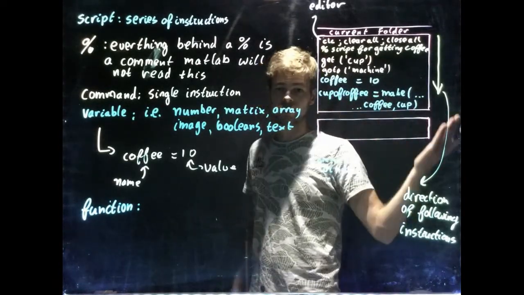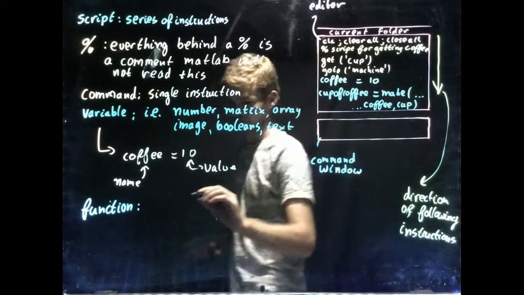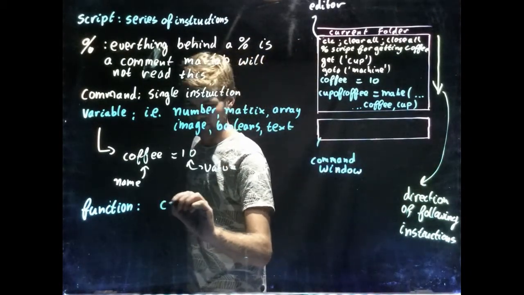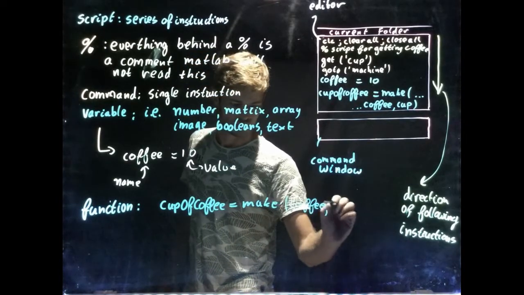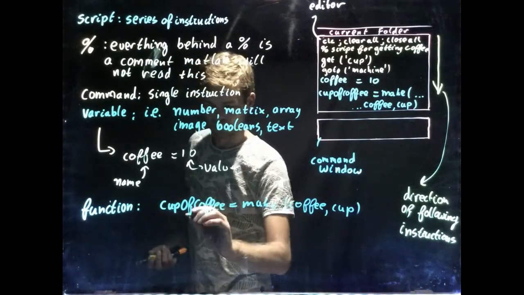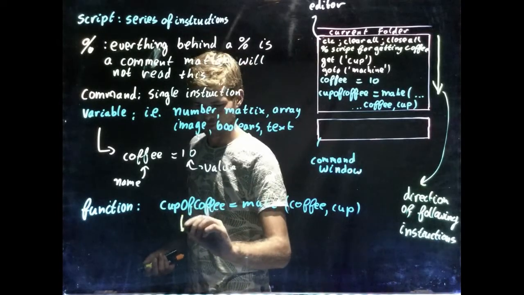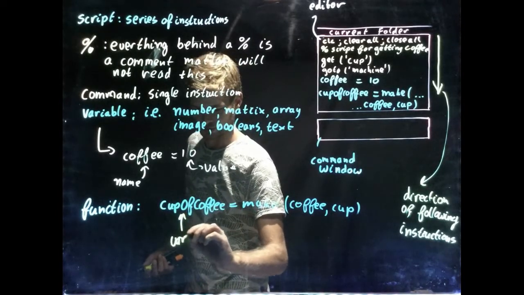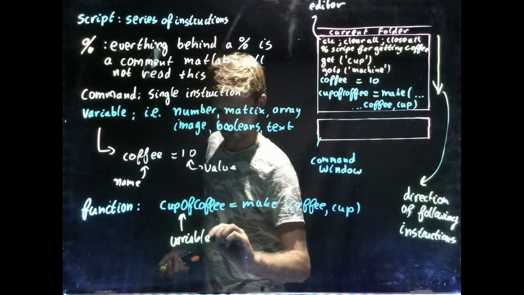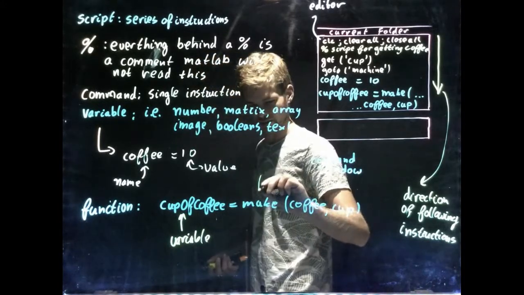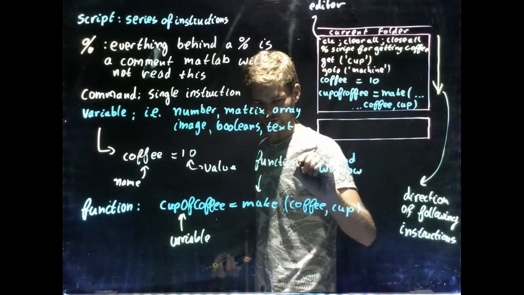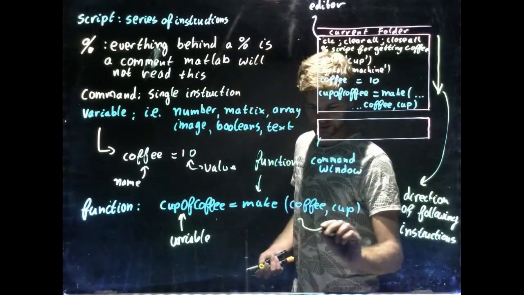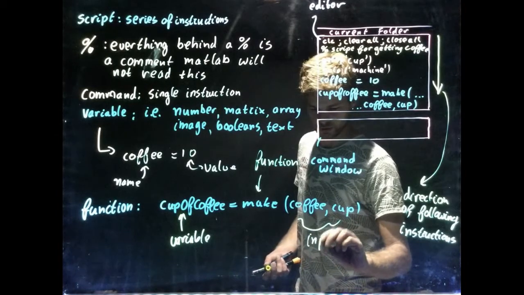My function is make, so in this story, over here, this is again a variable, this is the function, and this is the input.